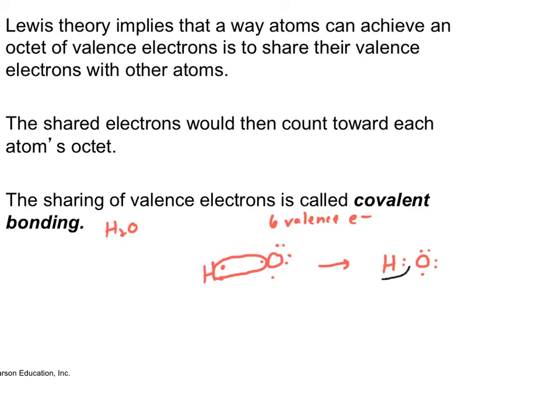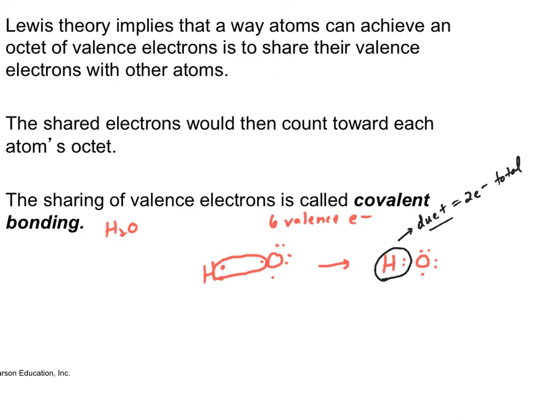So anytime we have a bond, we get to count those electrons towards both of the atoms, right? So hydrogen has 2 electrons. Is that okay for hydrogen? Yes, it is. Hydrogen is one of the exceptions to this. Hydrogen can only obtain what is called a duet, right? So it can only have 2 electrons total. So hydrogen's fine.